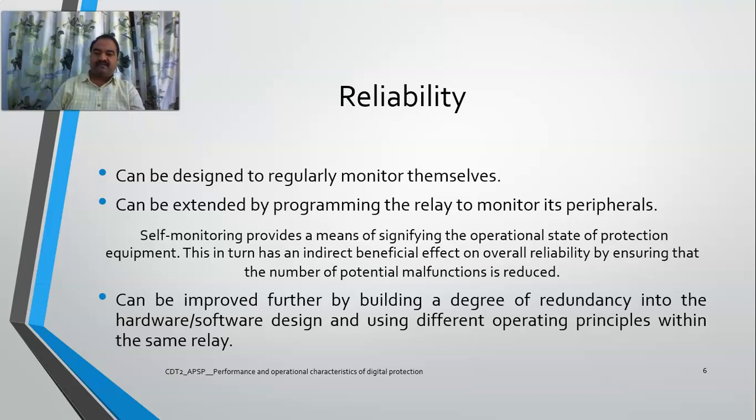These devices sense the data, and if there is any abnormality, they give you information. Based upon that, your circuit breakers will trip. So these digital relays are designed to regularly monitor themselves. This is the biggest advantage we have with digital relays.